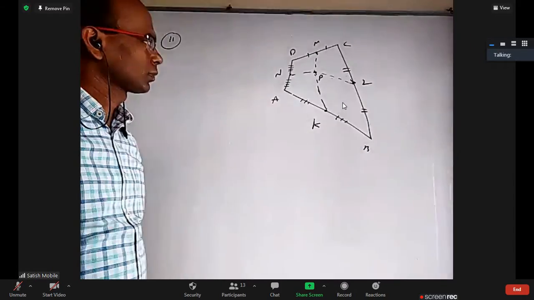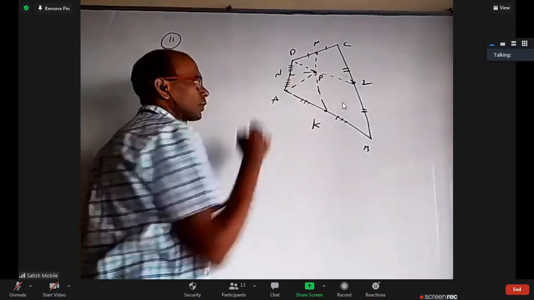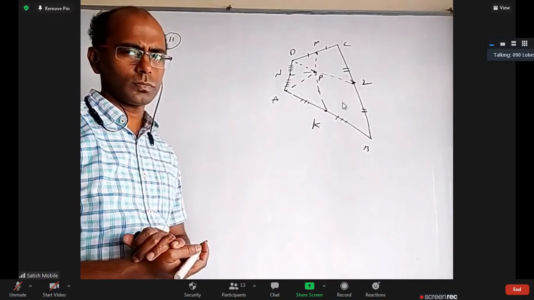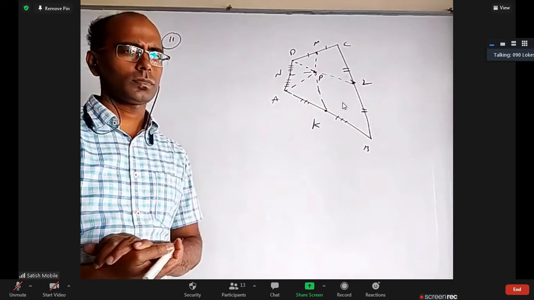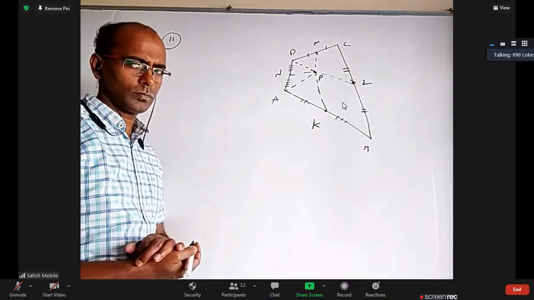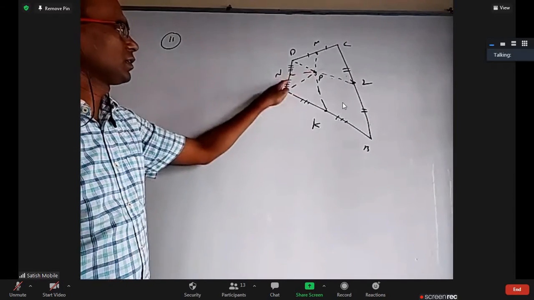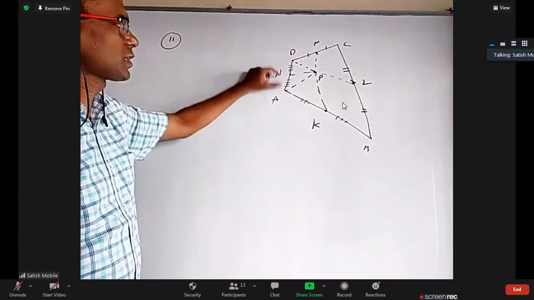Sir, the area of triangle NPD equals the area of triangle APN. Why? Same heights and same bases. In fact, PN is the median for this triangle. It divides the triangle into 2 equal areas. Our bases are equal, height is equal.